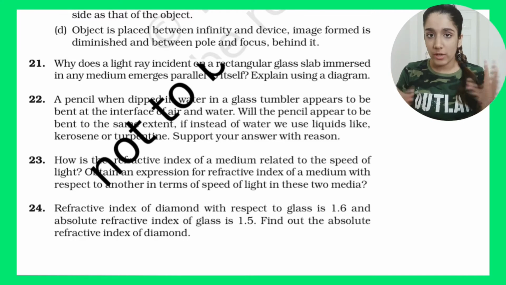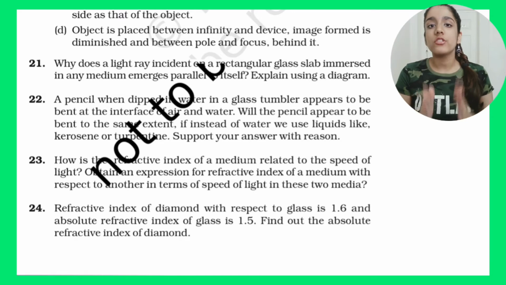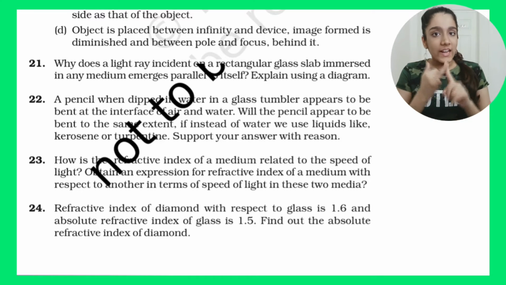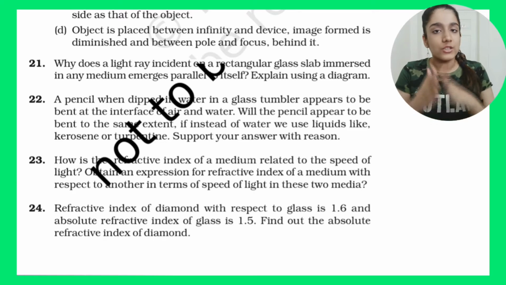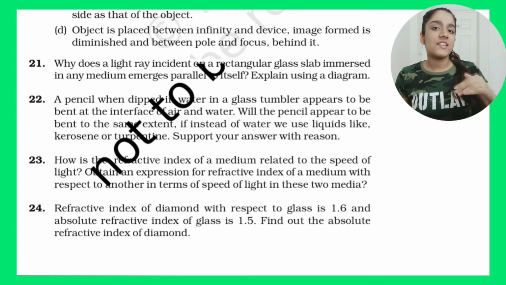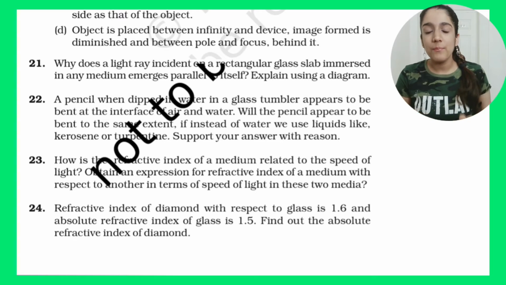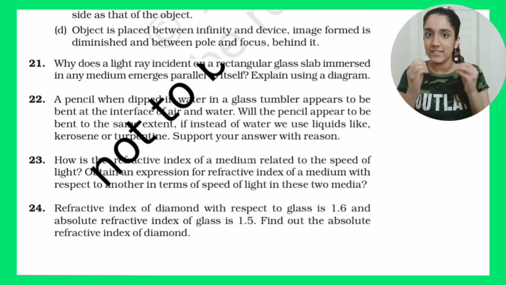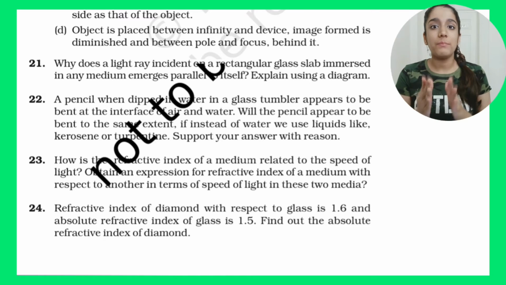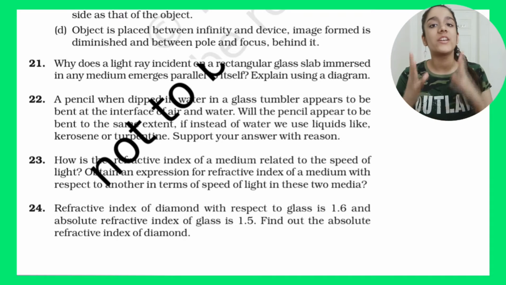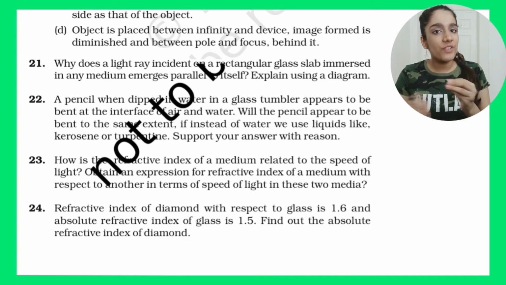So if this question appears in your exam, you just have to draw the diagram, write this statement, and you can just explain the phenomenon taking place. That 2 times refraction takes place as the incident ray enters the glass slab, that is the air-glass interface. Refraction occurs, and what happens? It bends towards the normal as it enters from a rarer medium to a denser medium, and there is a refracted ray.